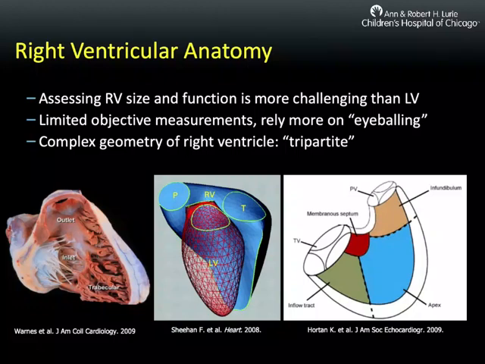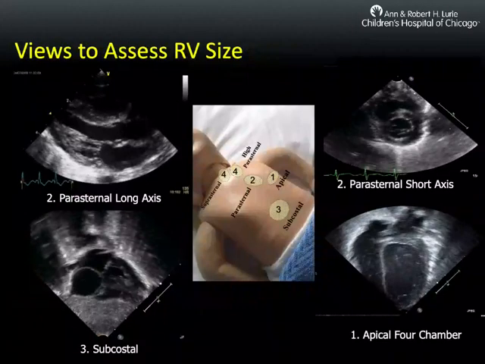We oftentimes call the right ventricle tripartite. Limited by these objective measurements, in the past we've predominantly relied on eyeballing, or giving a more subjective, qualitative assessment of right ventricular function.